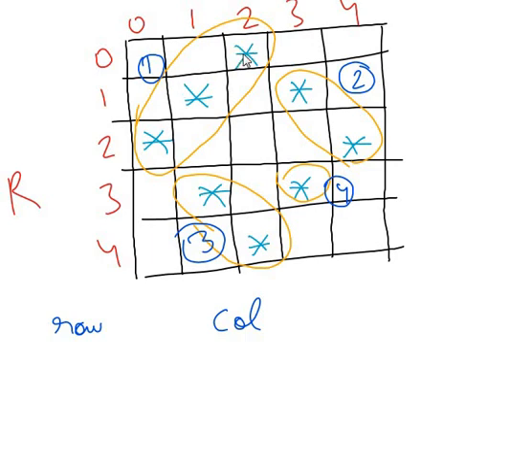if we look at this first star in this pattern, what is the row number? If you look at the left hand side, you will find the row number. For this star it is 0. The row is 0 for this star, so you write 0. And what is the column number for this star? You can just see above it. This is 2. Looking at the second star, what is the row?